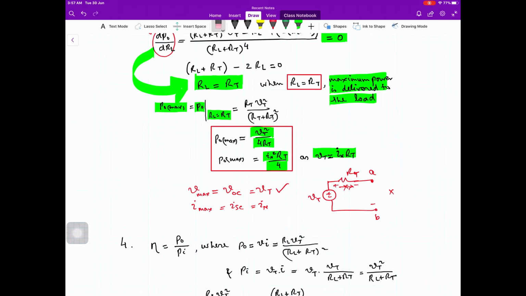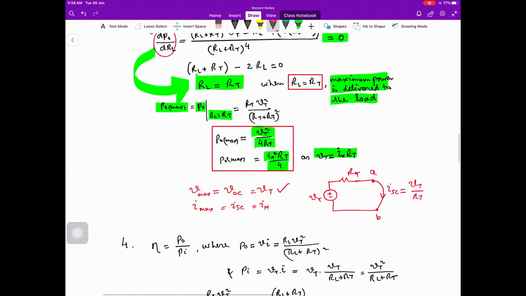And what is the current? Maximum current we achieve when we short circuit this pair of terminals. So the current flowing through this mesh will be the short circuit current, which is equal to VT divided by RT.